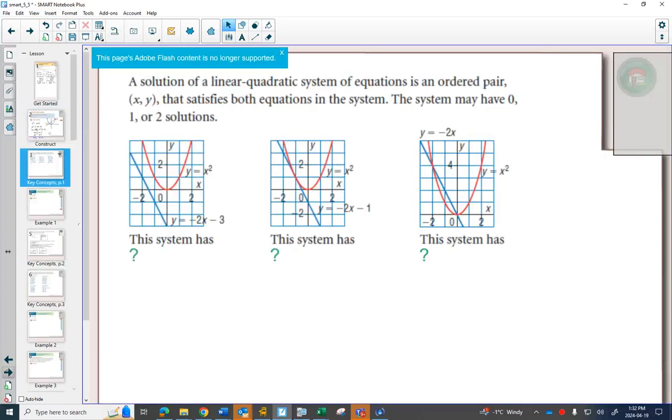Yeah, here's our examples. This system has no solutions. This one has 1 solution. This one has 2 solutions. And we're ready for example 1.